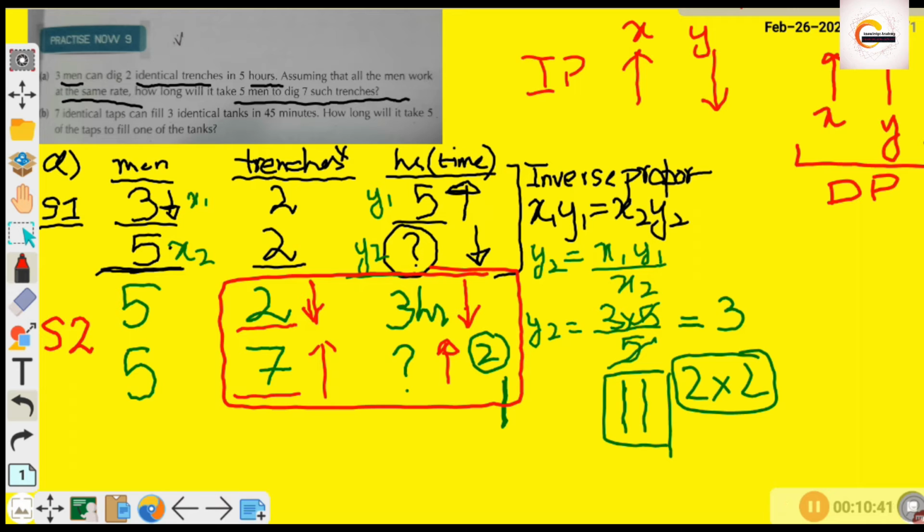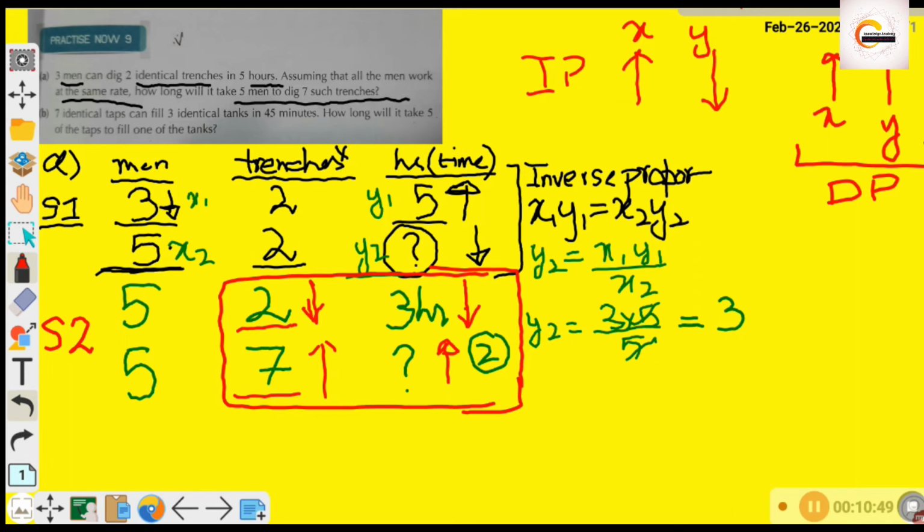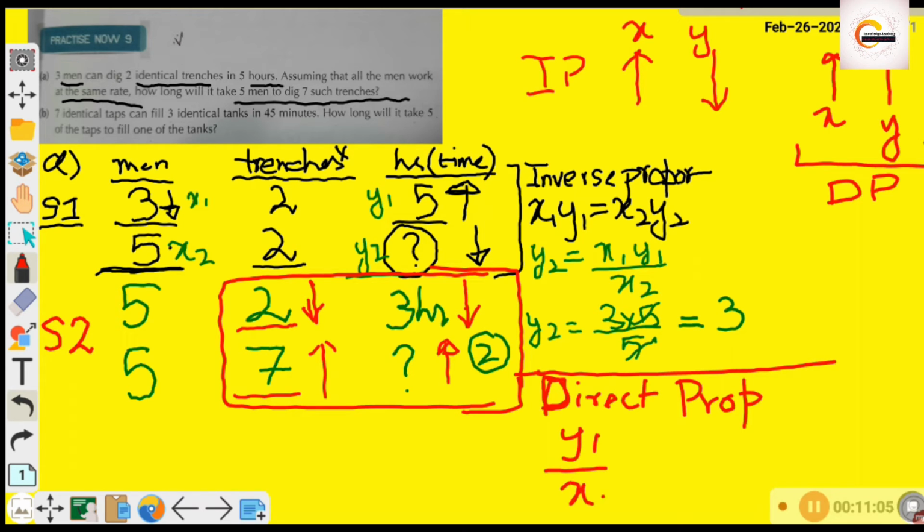is direct proportion relationship. And when direct proportion relationship comes, what formula we are going to use? We are going to use the formula y1 upon x1 is equals to y2 upon x2.